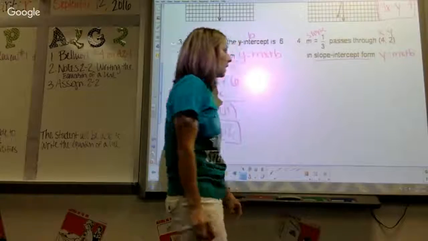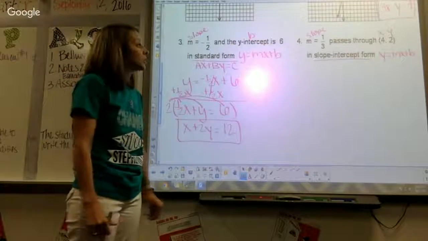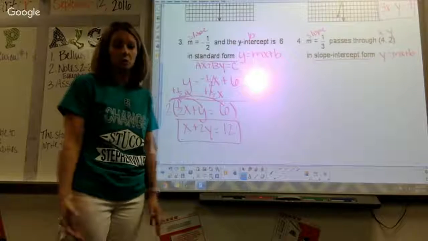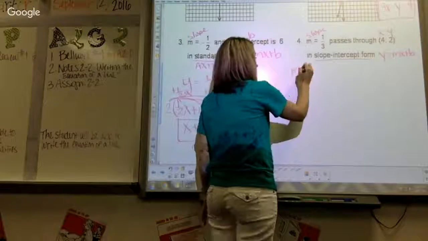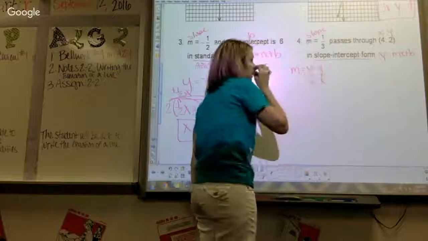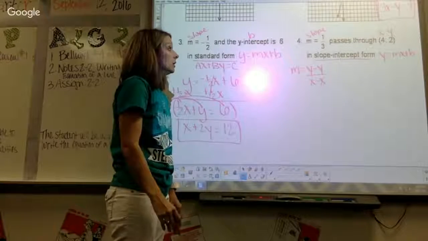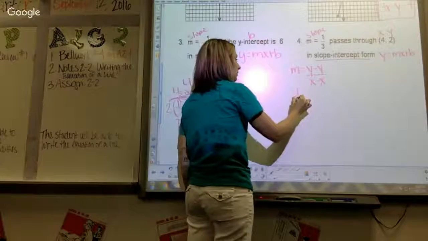All right, so anytime you have a point and slope, you're going to use the slope formula, which we've been looking at. So slope formula, y minus y over x minus x. And I'm going to plug into that formula. So the m is 1/3.